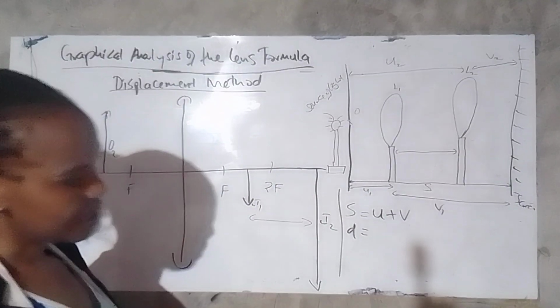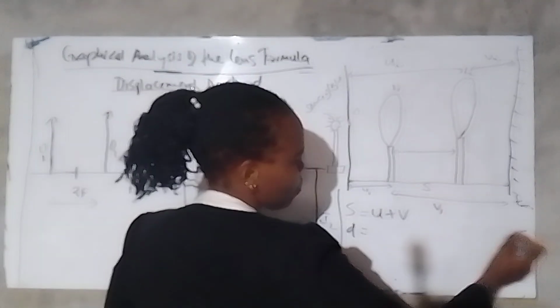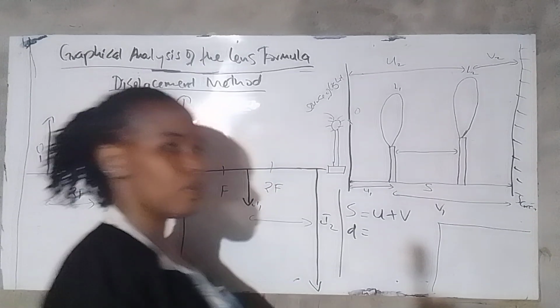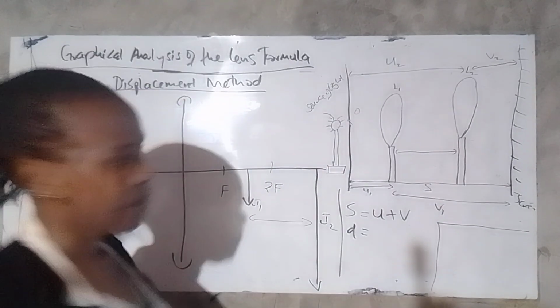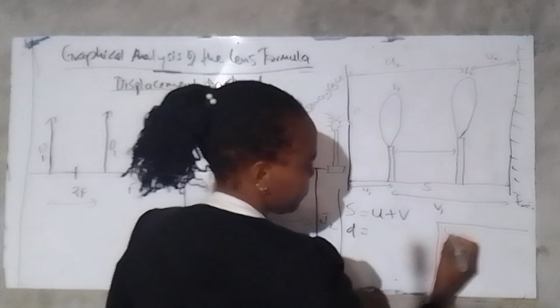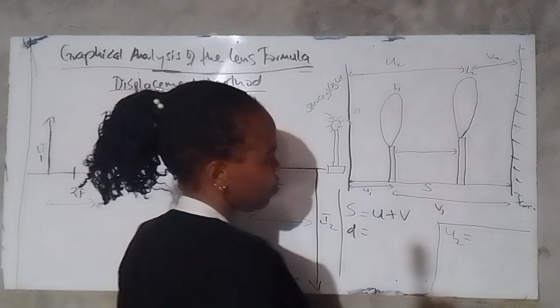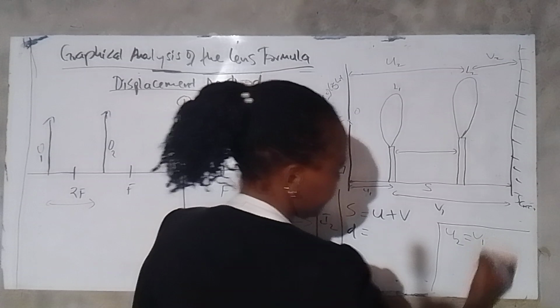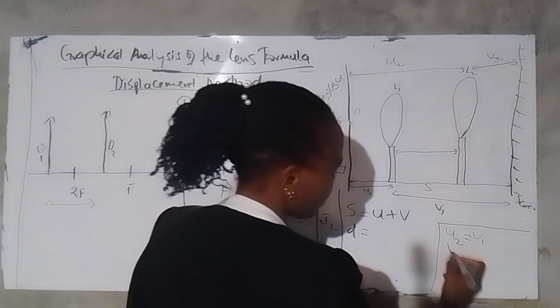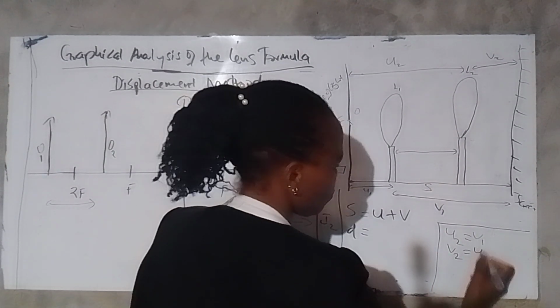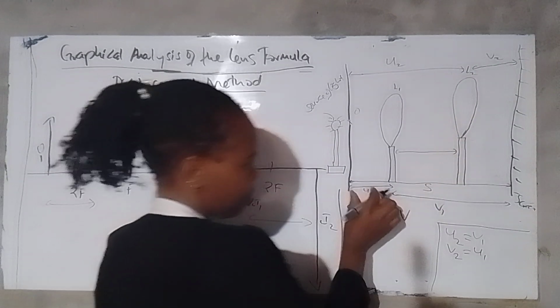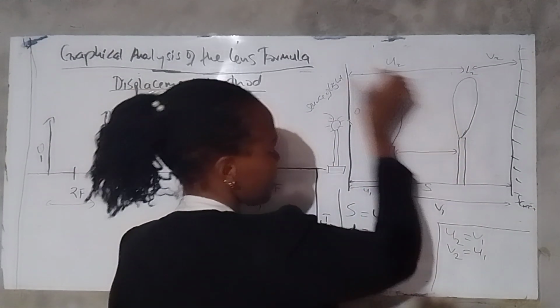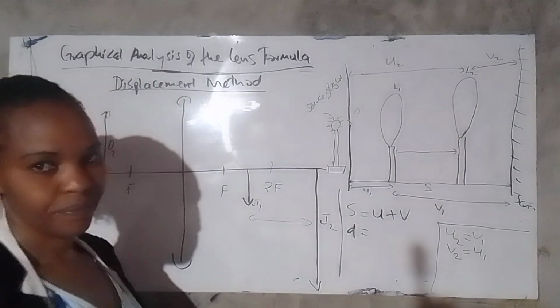Now to understand that, we need to look at the principle of reversibility of light. U2 should be equal to V1, and V2 should be equal to U1. This distance is equal to this, and this distance here is equal to that.